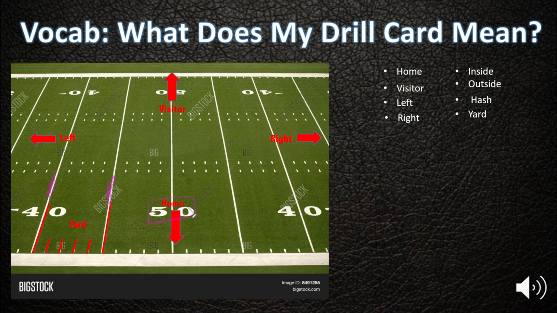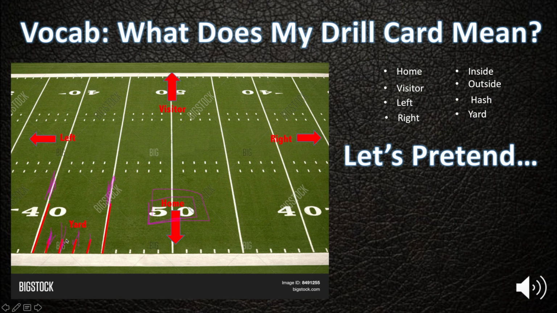So it goes from 50 down to 10 on one side and 50 down to 10 on the other side. And then these smaller slash marks are every 1 yard. So again, the bigger ones are every 5th yard, every 10th yard you have a number, and every 1 yard is just these little slash marks.